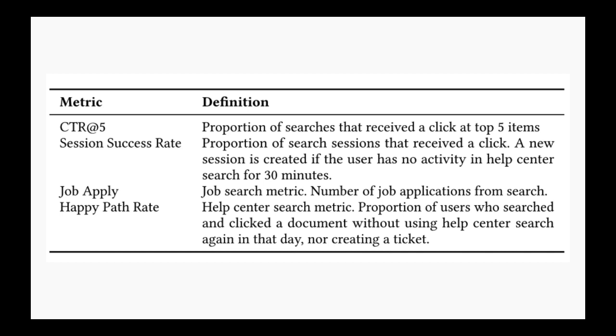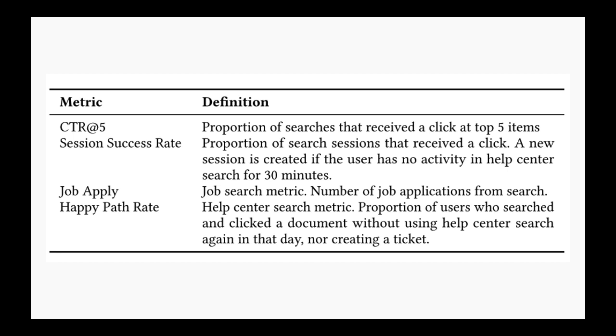Okay, so another one is session success rate. It's basically to make sure the user is satisfied in one search session. How they measure it is if the user did not search the same or similar things within 30 minutes in the help center, then you consider the search session a success. This is especially for help center. Another one is for job application. For this one, it's the number of jobs the user applies to from a search, right?